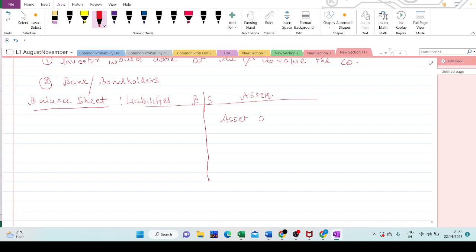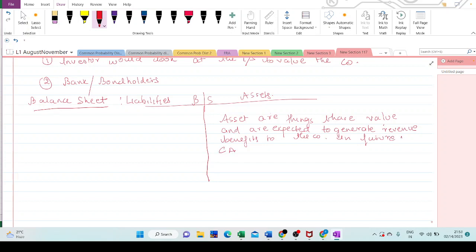Assets are things that have value and are expected to generate revenue or benefits to the company in the future, right? You have current assets and you have non-current assets. Assets of a company can be classified into current and non-current.